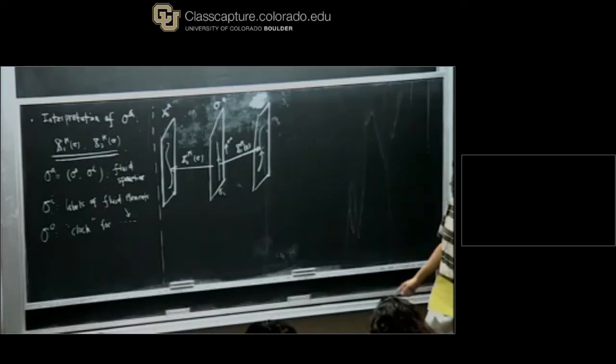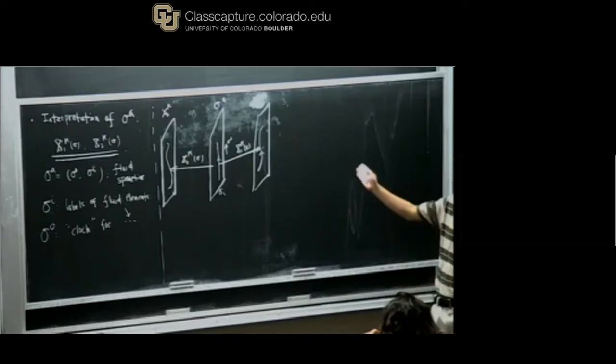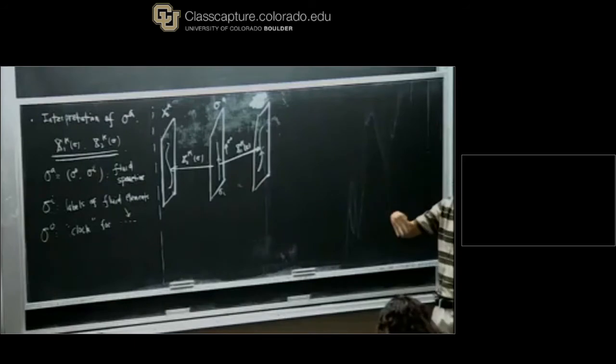So X1, X2 are scalar fields in the sigma space. Yeah, they transform as scalars. This is a little bit like, in string theory, the sigma model, with the target space coordinates on the worldsheet.